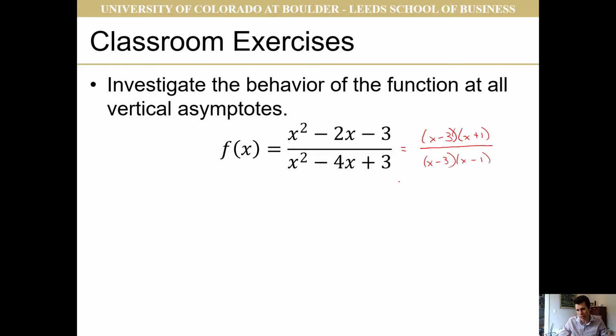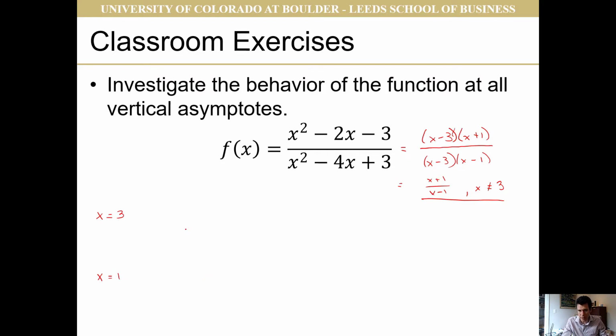So our function is actually (x plus 1) over (x minus 1), where x is not equal to 3. Okay, so that's our function. Vertical asymptotes are where the denominator is 0. So the two candidates are x equals 3, and the other candidate is x equals 1.